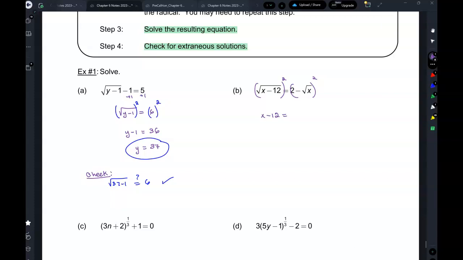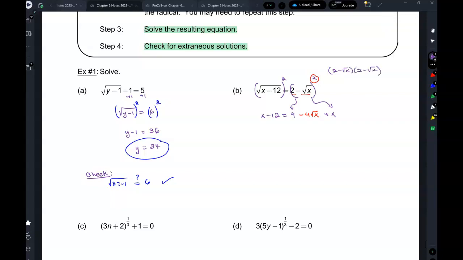So it's going to be a trinomial. So you square the first, you get 4. You square the last, you get plus x. Then it's 2 times negative root x times 2, negative 4 root x. If that's something you don't want to do, then just write it out like this and FOIL.